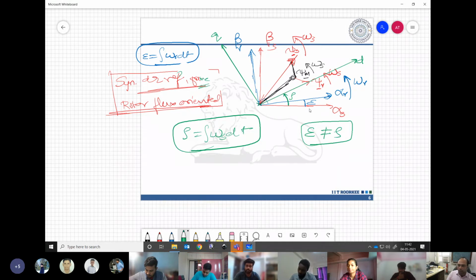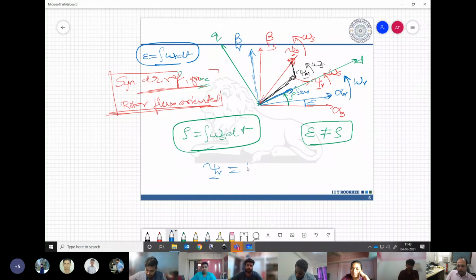Now, in this reference frame, we will define all our quantities. So we know that psi r is defined on the basis of the rotor flux magnetizing current, which is IMR. So IMR will be oriented along this. Any confusion in that? That is what we have defined.